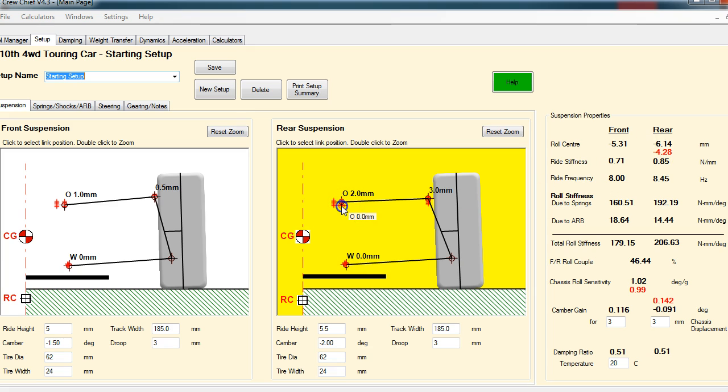Now if we do the same thing to the lower suspension arm, if we move it by 1 millimeter, you'll see here that we made quite a big change, over 2 millimeters. So essentially what I'm trying to illustrate here is that changes to the position of the lower hinge pin have a more dramatic effect than changes to the upper link on the roll center. The upper link has a bigger impact on camber gain, which we'll talk about in a few minutes.